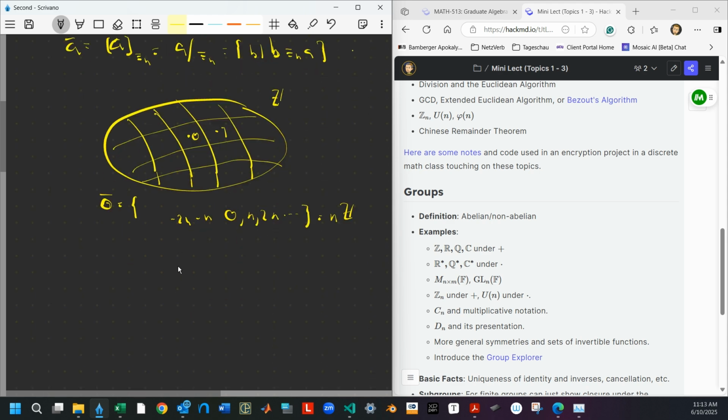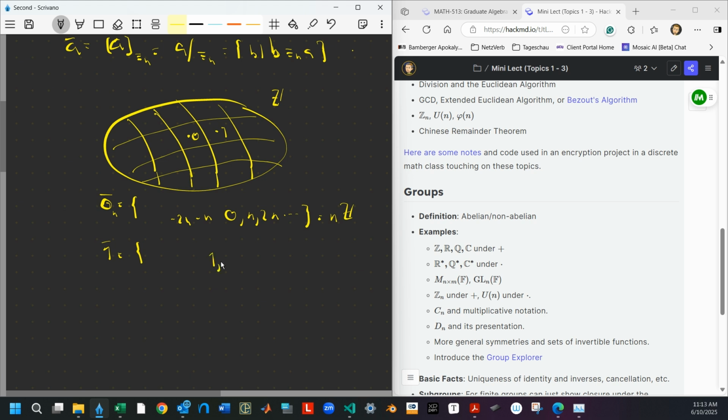So the class of 0, in the modulo n relation, is just everything in the form n times z. You could put a little n there, but this is a place where that's implied because n is fixed in this case. What is the class 1? It's the set containing 1.